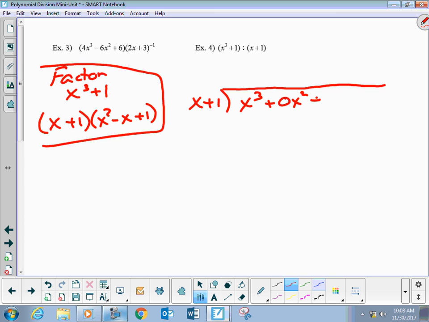Nope, I need another placeholder. Do I have any numbers? I have the plus 1. So now we are doing division. So x times x squared gives me x cubed. X squared times 1 gives me x squared. Notice the x squared is lining up underneath the x squared column.